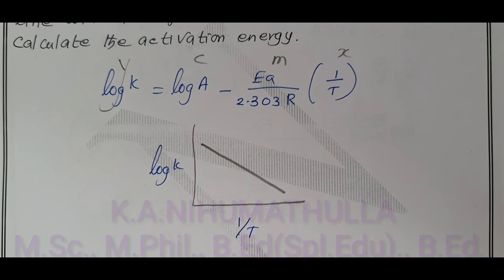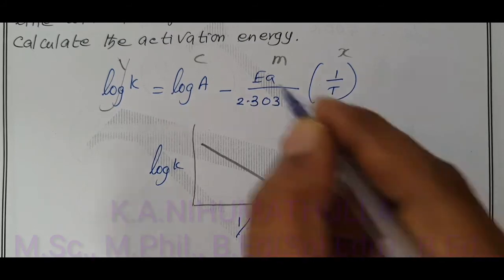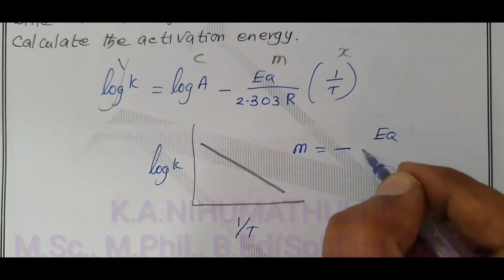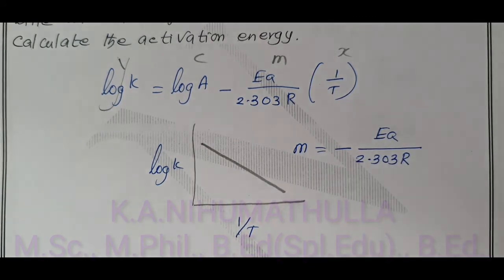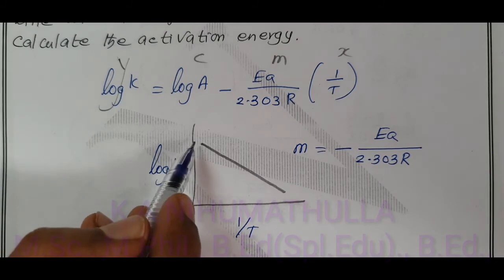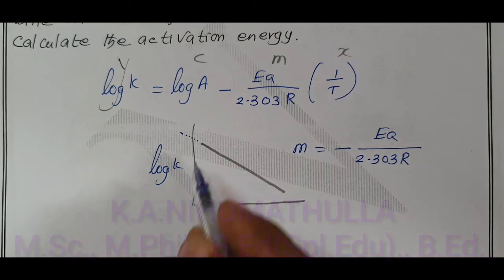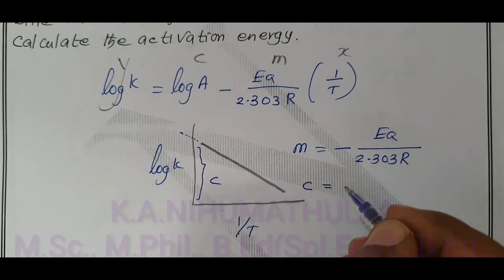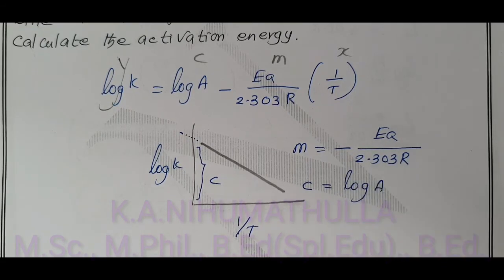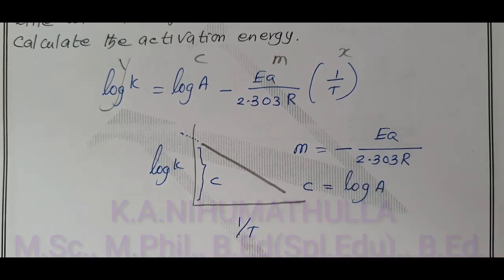What is the slope of the straight line? M equal to the slope of the straight line equals minus Ea by 2.303 into R. And when you extrapolate this straight line, it cuts the y axis. So the y axis intercept is C. C value is log A. Using this slope value, we can calculate the energy of activation.